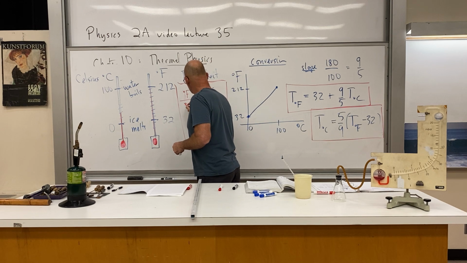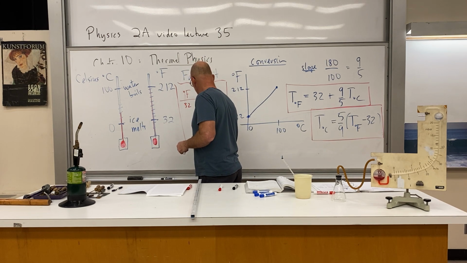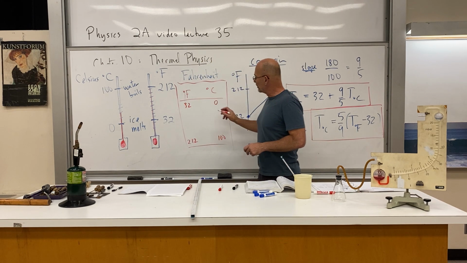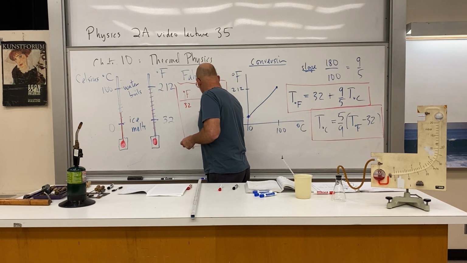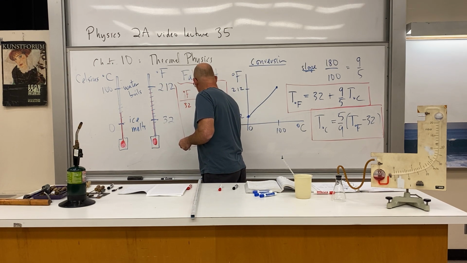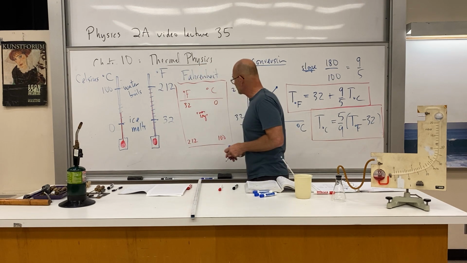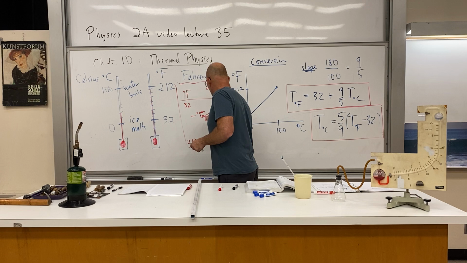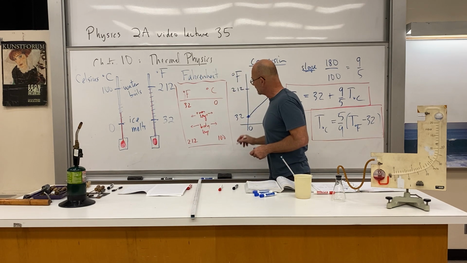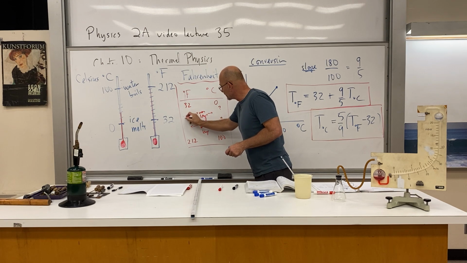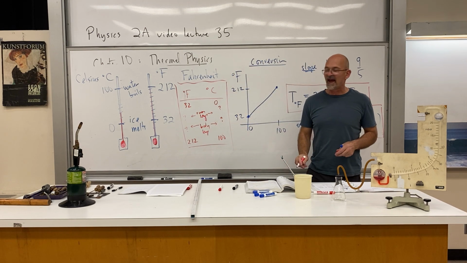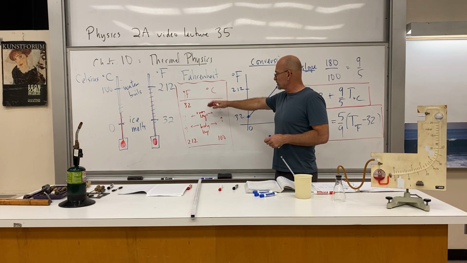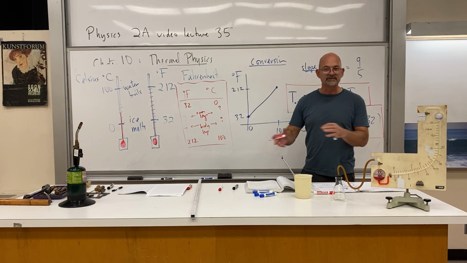So we have 32 and 0, and we have 100 and 212. But what about, and we see what those are, what about room temperature? Room temperature, and how about body temperature? I'm going to put question marks here. You guys figure them out. So you know at least that, okay? Freezing, room temperature, body temperature, boiling. That's a good set of temperatures.